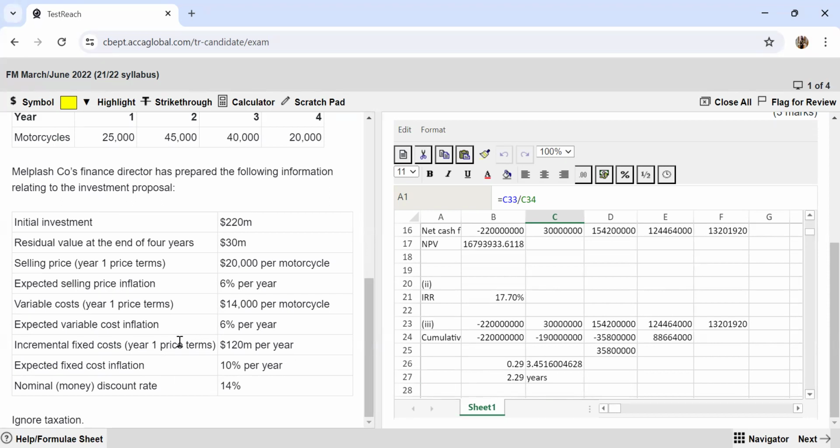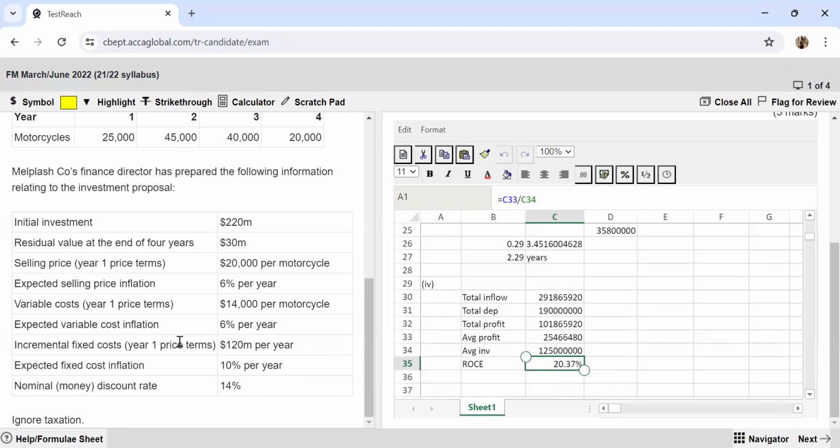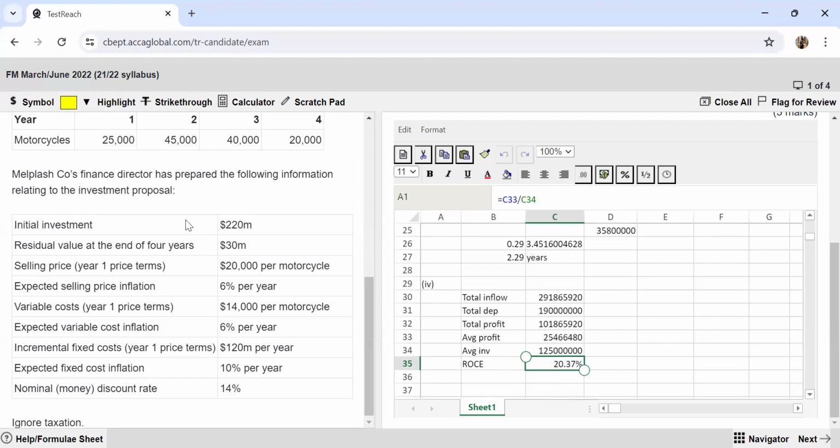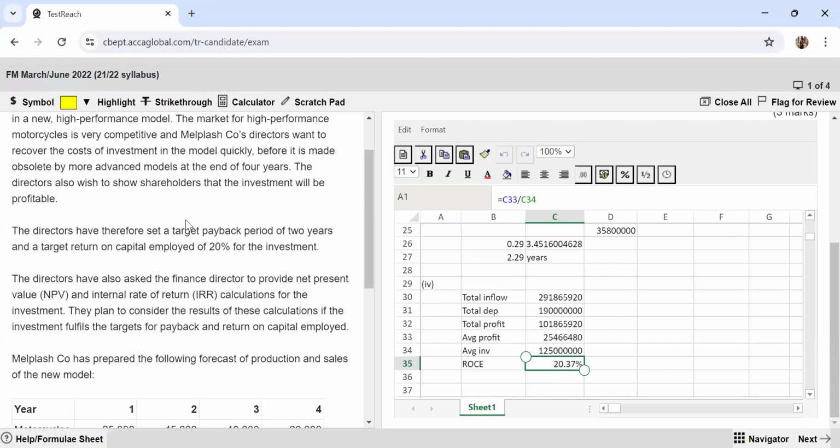These are a few limitations because of which the directors should not be rejecting the project, and should be considering other factors also. Now let's talk about the fourth perspective, which is the return on capital employed. ROCE tells you how much return the company is making on the investment. The target they had given us for ROCE was 20%, and the investment is giving slightly more than the target, which is 20.4% if I round it.